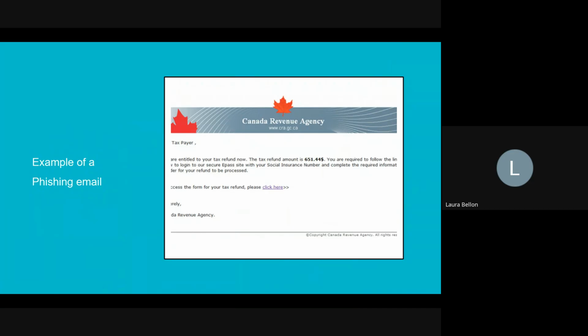Now, the Canada Revenue Agency, we bring this up because this is a common one where folks are sent false information from scam sites, fraudulent sites. We want to make people aware that the Canada Revenue Agency would not do this. They would send a letter if you owe money.